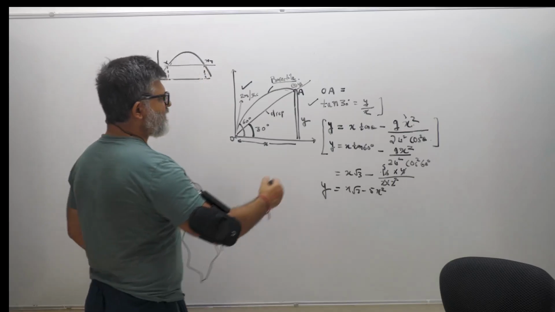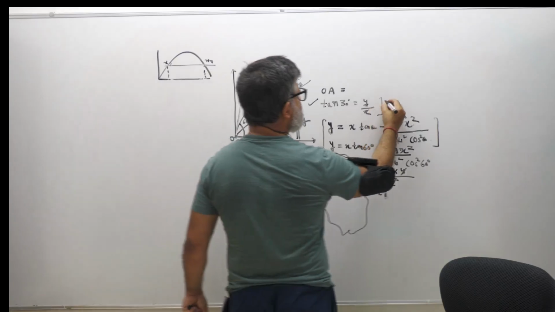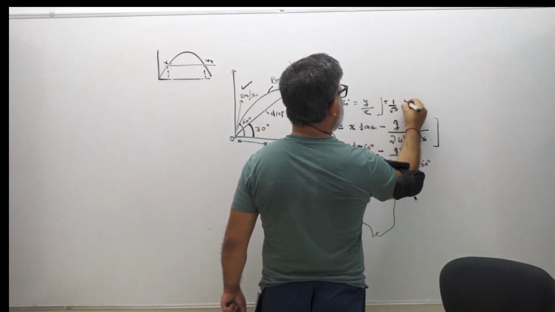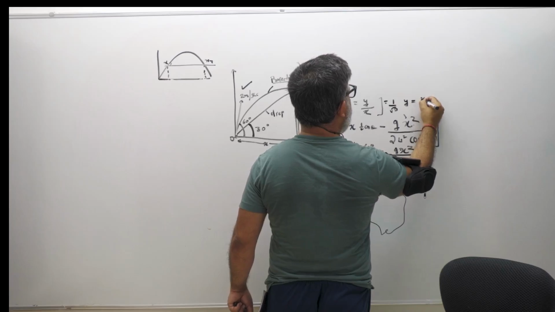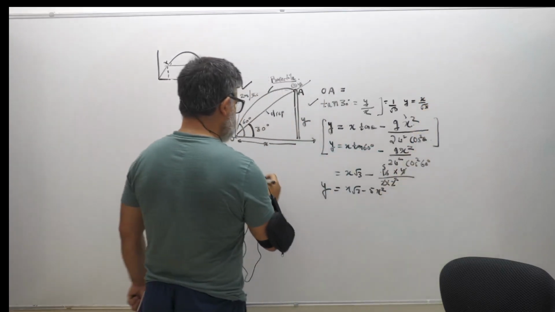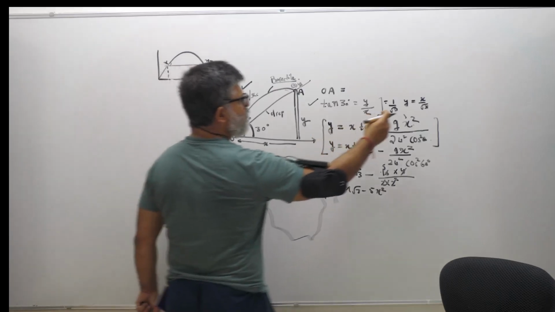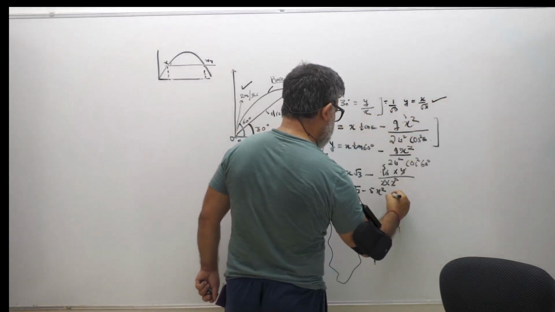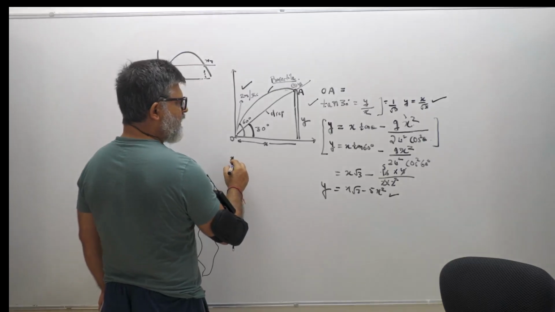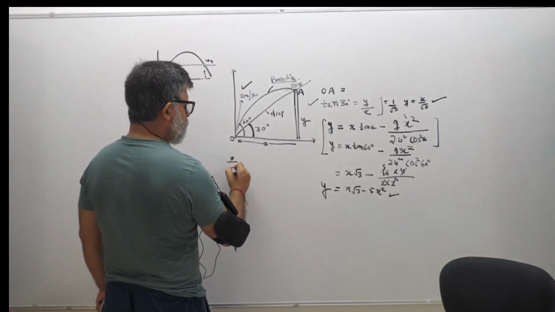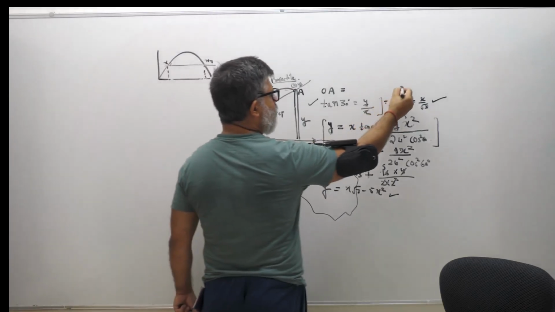So let's see this. I will put tan theta equal to 1 by root 3, and my y becomes equal to x by root 3. I will substitute the value I got from displacement into the projectile equation, putting this value of y.